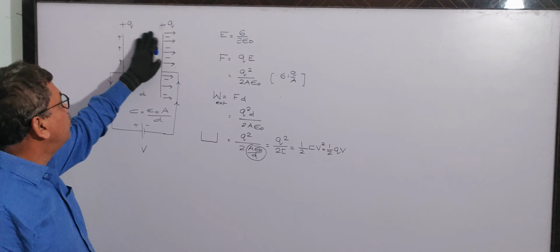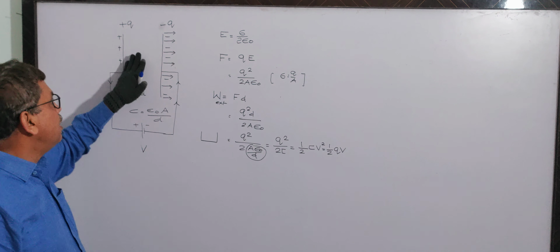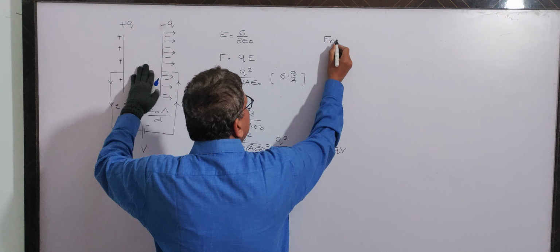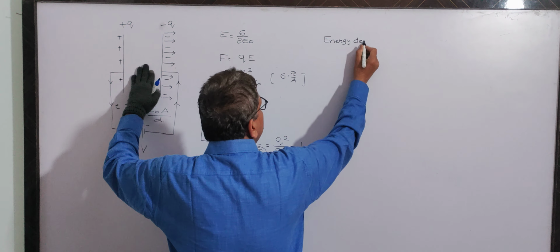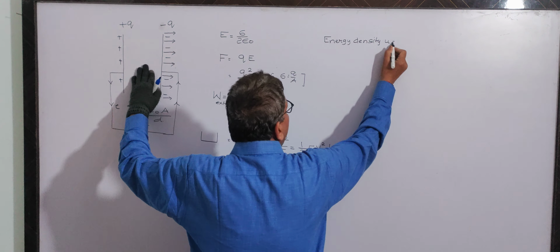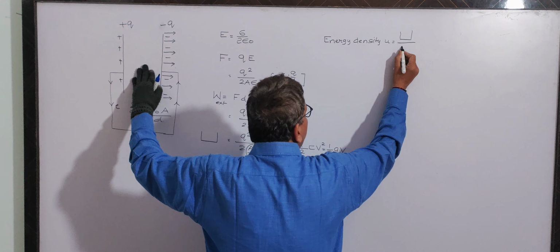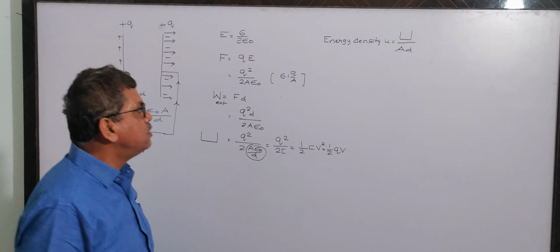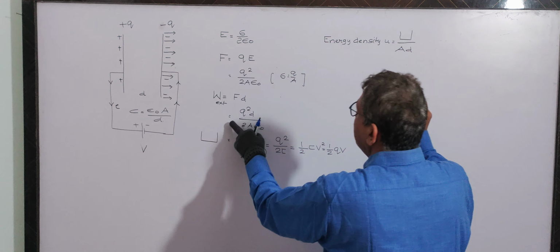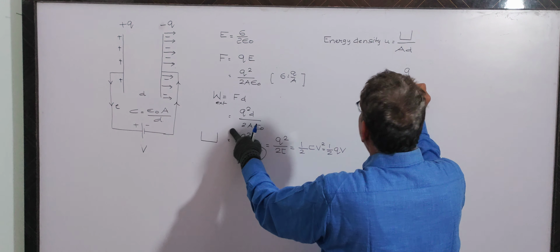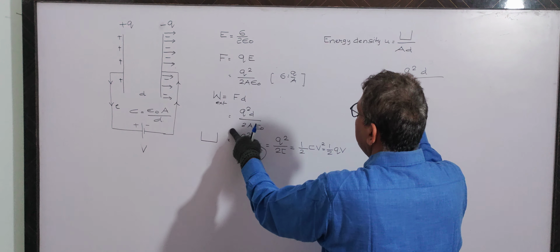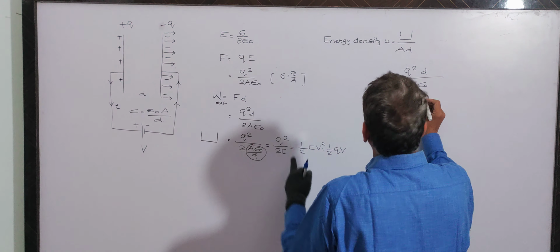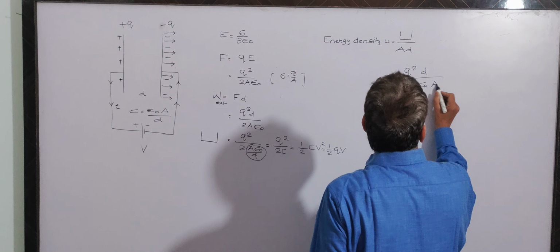So once the electrostatic potential energy is stored, I can find the energy density of this field. How to find energy density? Energy density can be written as small u, which is capital U per unit volume, so A into D. The volume of this space is A into D. Now you place this value: the energy stored was Q square D by 2 A epsilon naught, divided by AD, right?